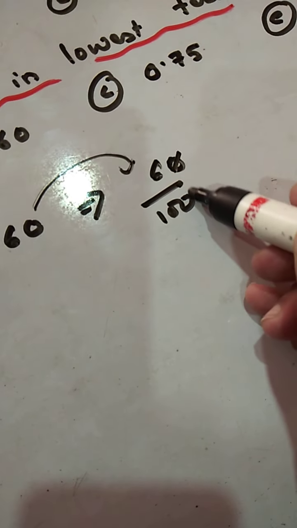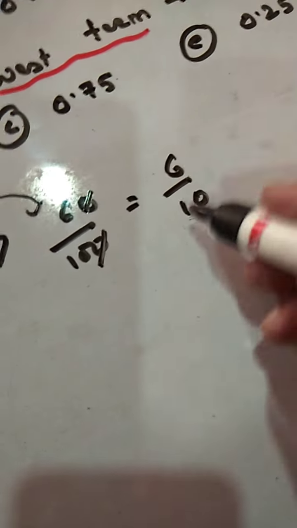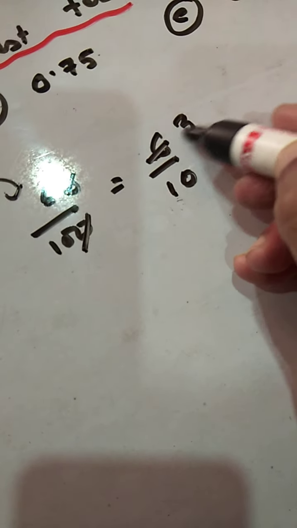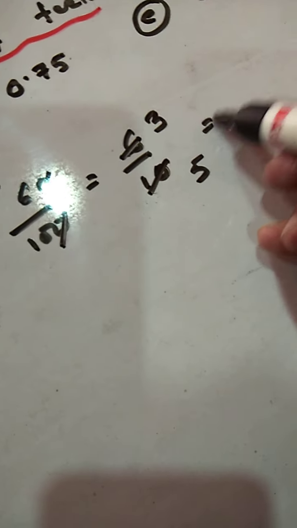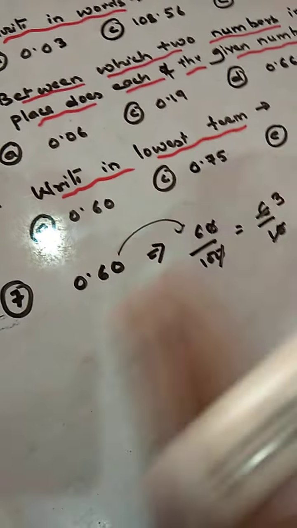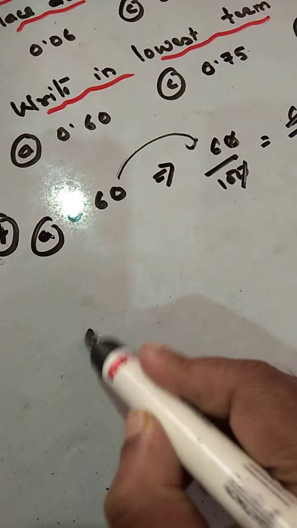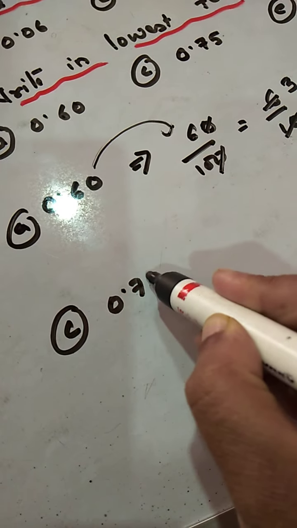So first you reduce these 2 zeros, then 6 by 10. Now divide this. That is 2 3s are 6, 2 5s are 10. So your final answer is 3 by 5. Okay. So this is what you have to do with each sum of question number 7. So this was A. So let's see C. C is 0.75.